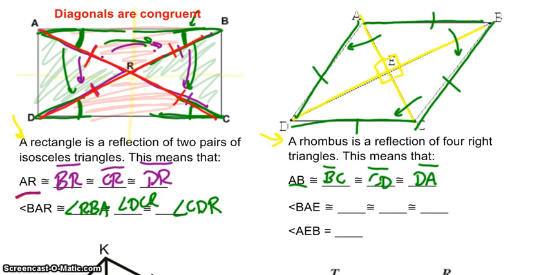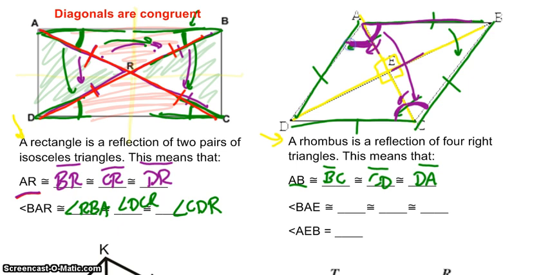What about the angles? Well, here's angle BAE right here. So that's this angle right here. What will that be congruent to? Well, if I think about a reflection across this line right here, it's congruent to that angle. Or if I think about reflections across these lines, they will be congruent to these angles. So all four of those are congruent. Let's see if we can name them.